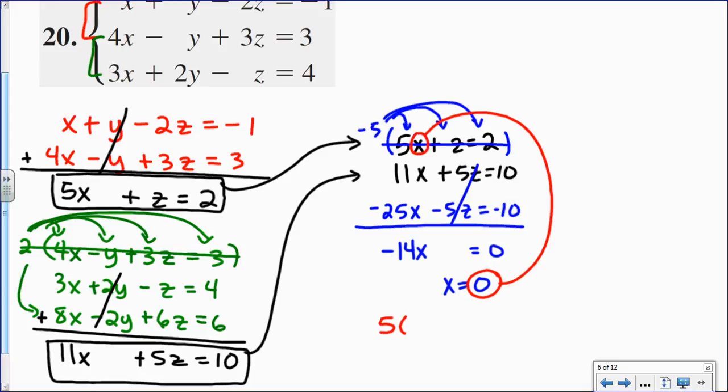So 5 times 0 plus z equals 2. So 5 times 0 is just 0, so you get z equals 2. Okay, now that you have 2 of the variables, go back to any of the 3 equations to find y. So plug 0 in for x, 2 in for z.